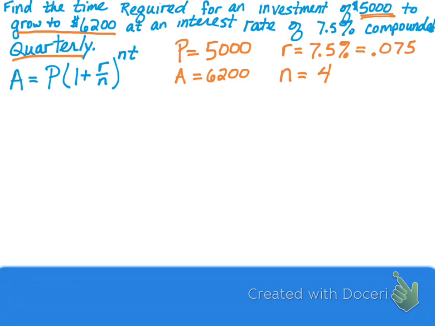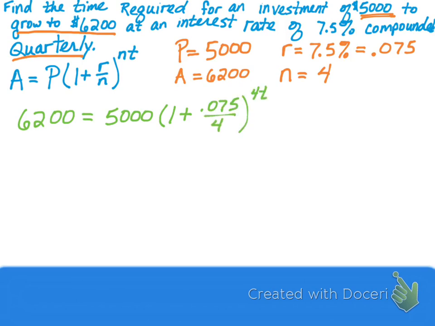And we are compounding quarterly, and there's 4 quarters in a year. So n equals 4. So we need to solve the equation for t. 6,200 equals 5,000 times 1 plus 0.075 over 4 raised to the 4t power.